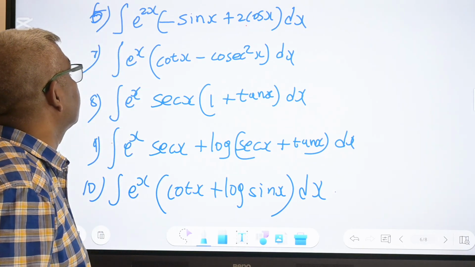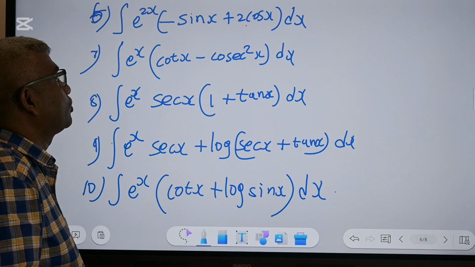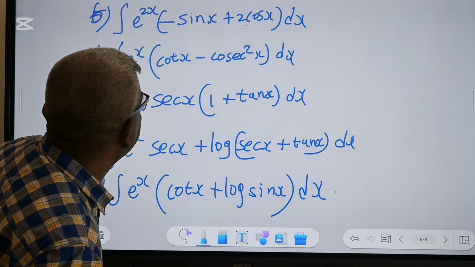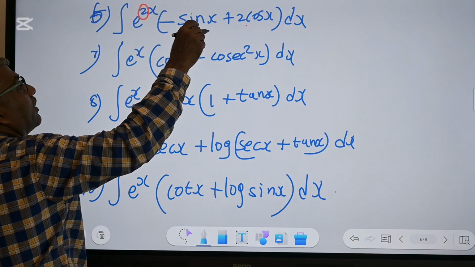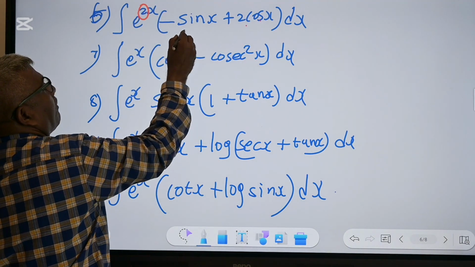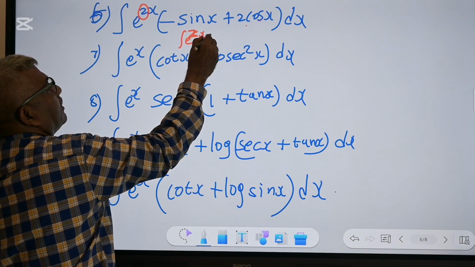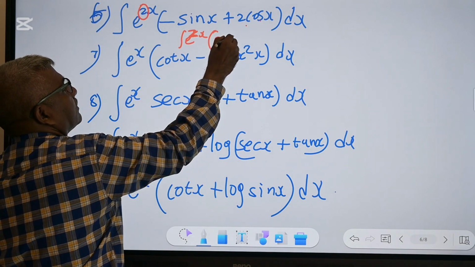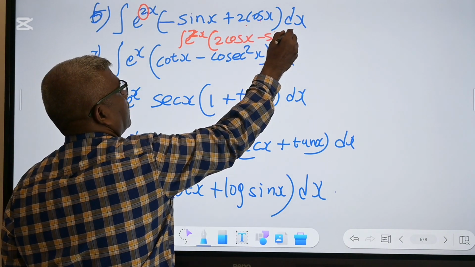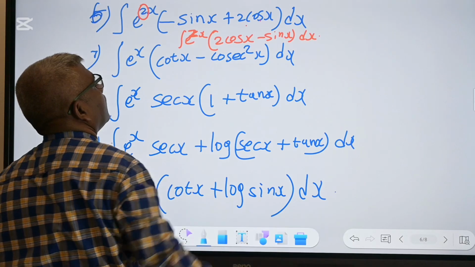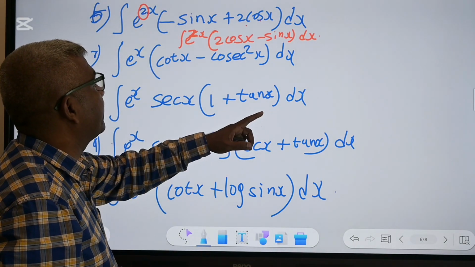Look at question number 6. E power 2x minus sin x plus 2 cos x dx. Here what is k? K is 2. Okay, just rearrange it. E power kx, e power 2x, 2 cos x minus sin x dx. Here cos x differentiation is minus sin x.